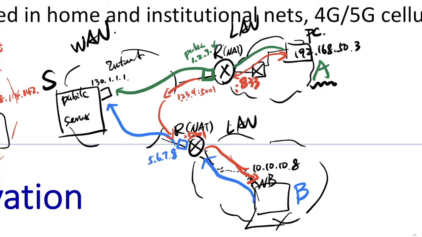When this HTTP packet, which contained the 1.2.3.4 information in the layer 7 HTTP HTML page, goes back to the router, to the NAT server, the IP datagram header will be removed by the NAT server, and the private IP address, which is 192.168.50.3, will be used to replace it.